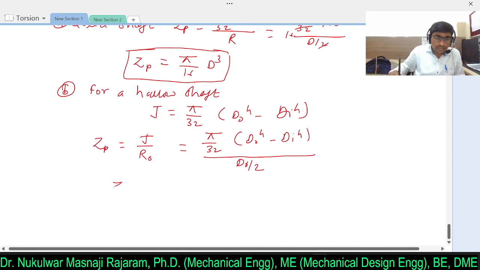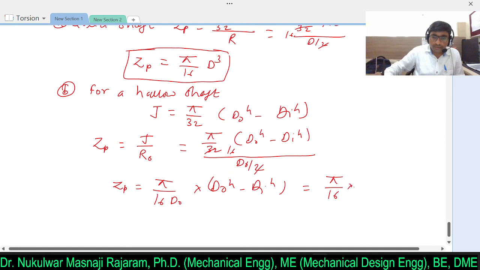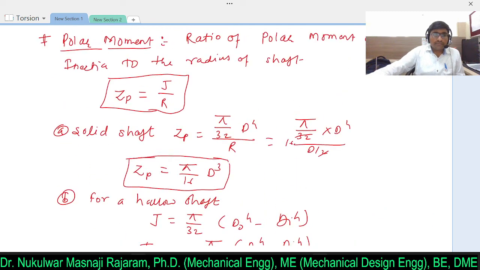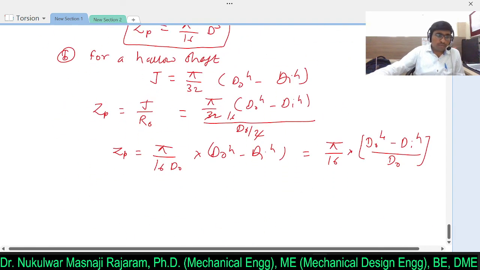So ZP, that is the polar modulus for the hollow shaft, will come out as pi by 16 into Do raised to 4 minus Di raised to 4, divided by capital Do. Simple. So in exam they may ask you about the polar modulus.